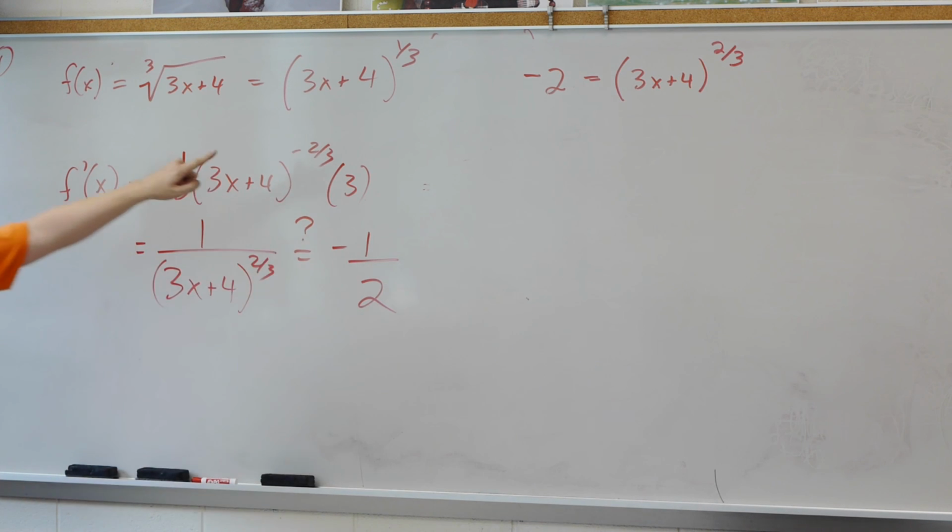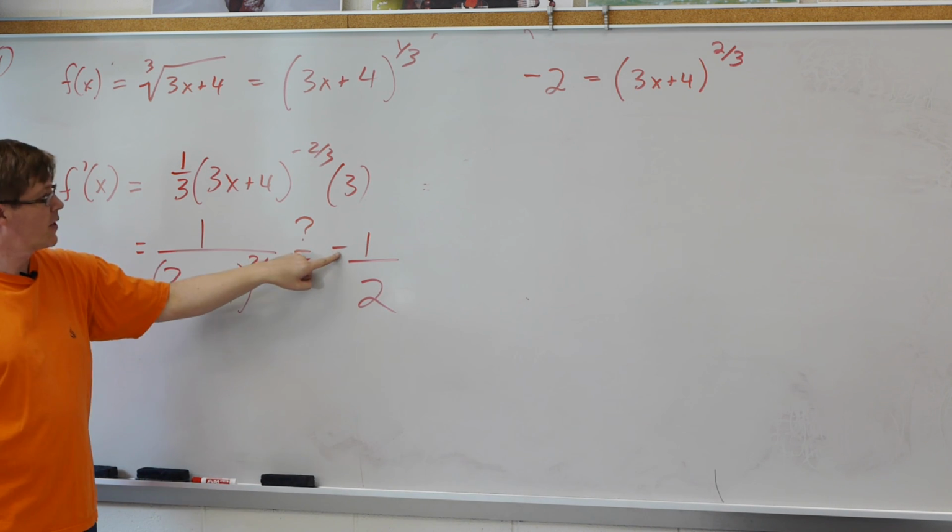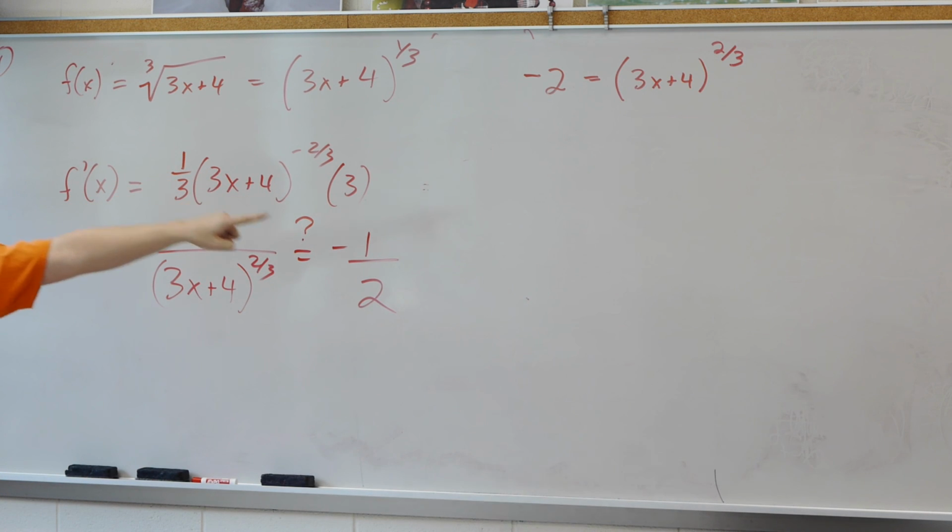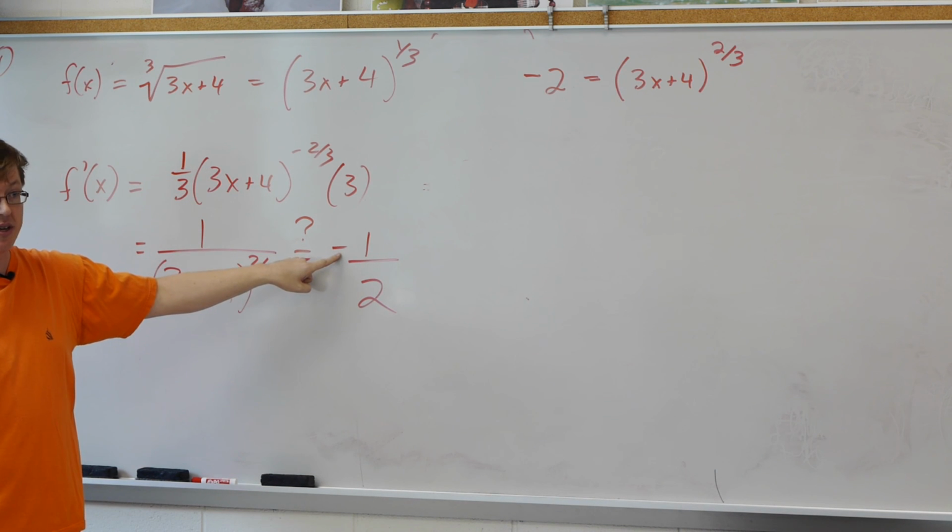Your next equation is negative 2 equals the cube root of 3x plus 4 squared, because my slope is negative 1/2 over there.